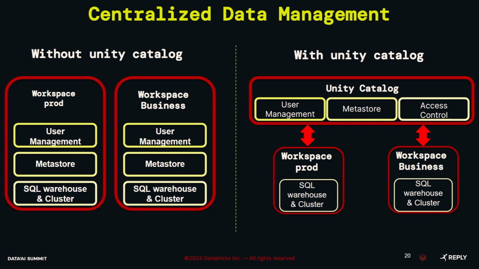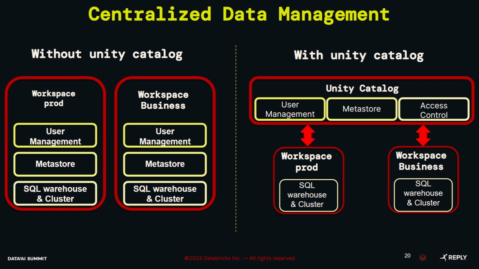On the left side of the screen there is the situation before Unity Catalog, on the right side the situation after. Before Unity Catalog, the management of the user, metastore and cluster was under the control of the individual workspace.